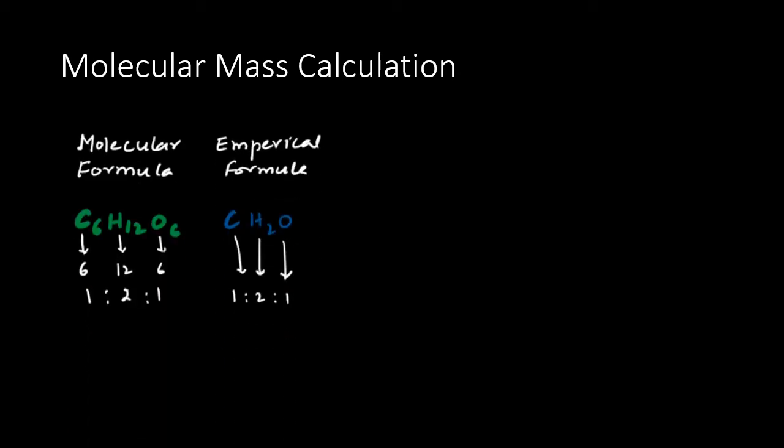Now, molecular mass calculation. What is molecular mass? Let's see first. Molecular formula we have calculated, empirical formula we have calculated. In order to calculate the molecular mass, we have to calculate the mass of individual atoms.